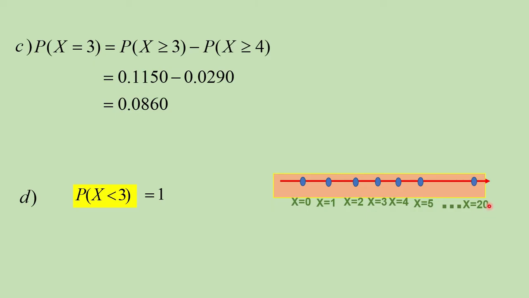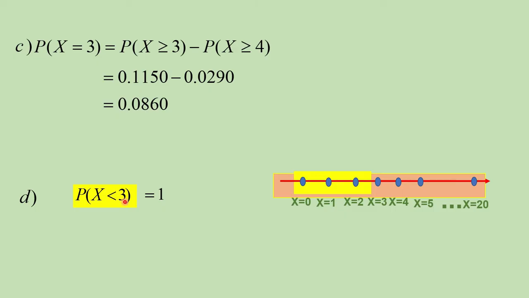The sum of all the probability is equal to 1. Then the green rectangle here is the summation of all the probability from x equal to 0, 1 and 2, because the question asks to find the probability x less than 3, which means 3 is not included here.